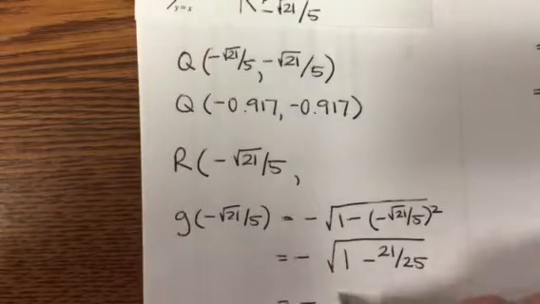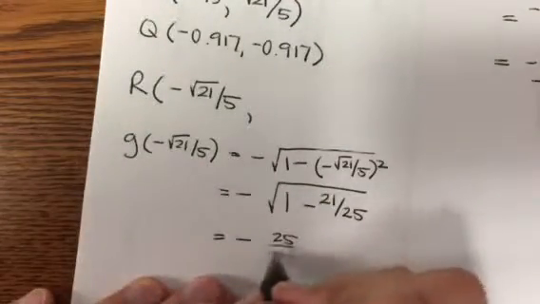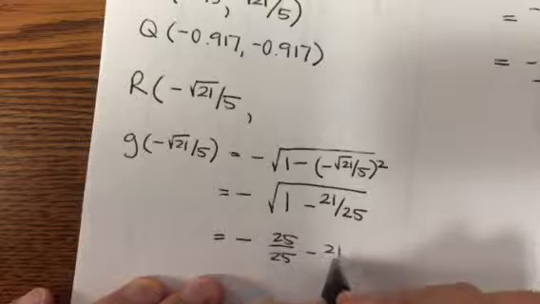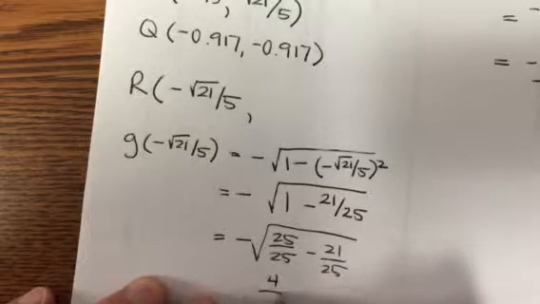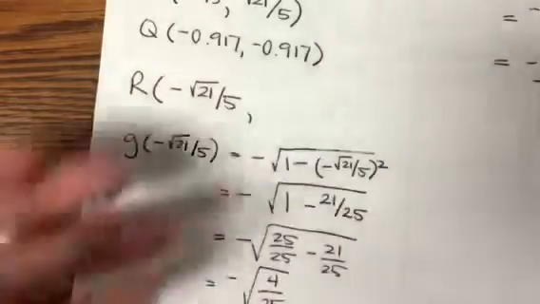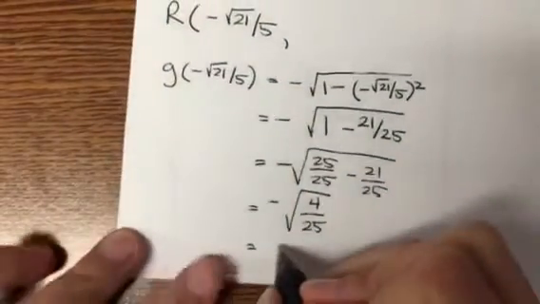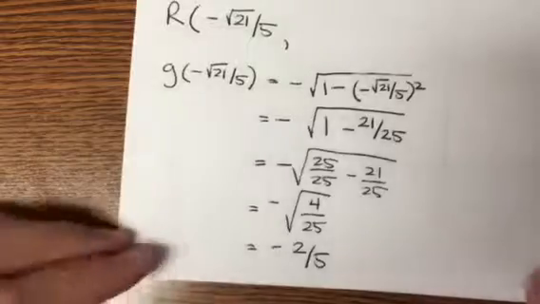And then I'm going to do the same thing again and keep working this out. 25 over 25 minus 21 over 25. Square root of that is going to be 4 over 25. Square root, it's still negative. And you can see here that this is going to be negative 2/5.